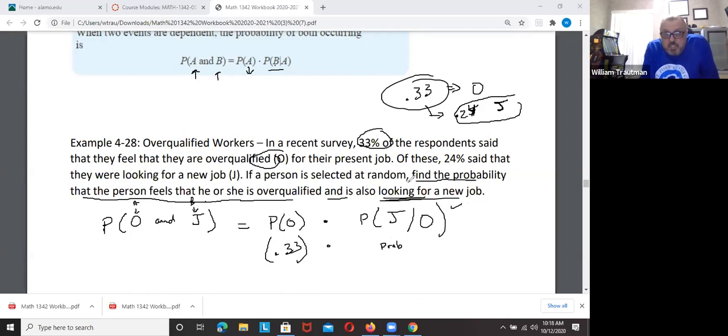J was looking for a new job. Remember, overqualified was O, but J was looking for a new job. The probability that you're looking for a new job, given that you're overqualified.